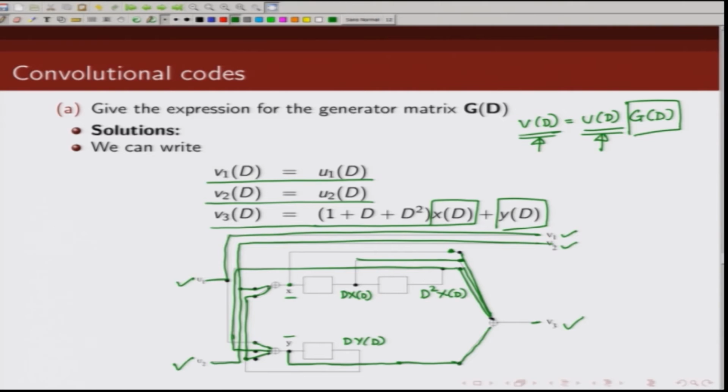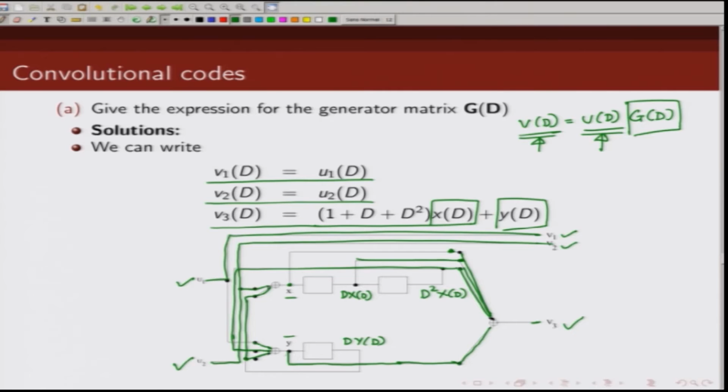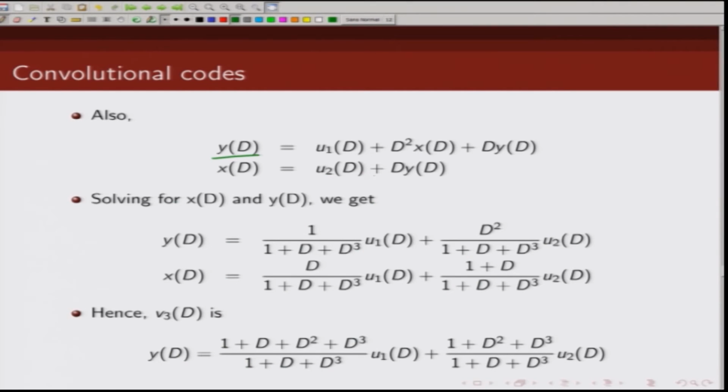Okay. So, we can write 2 more equations for x of d and y of d. Again, y of d is u1 of d, which is this one. This is u1 of d plus d square x of d.